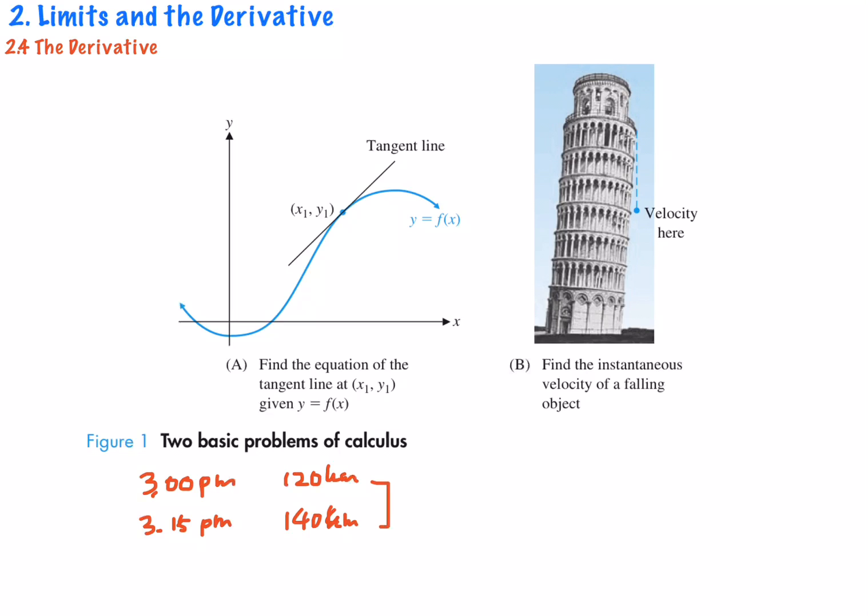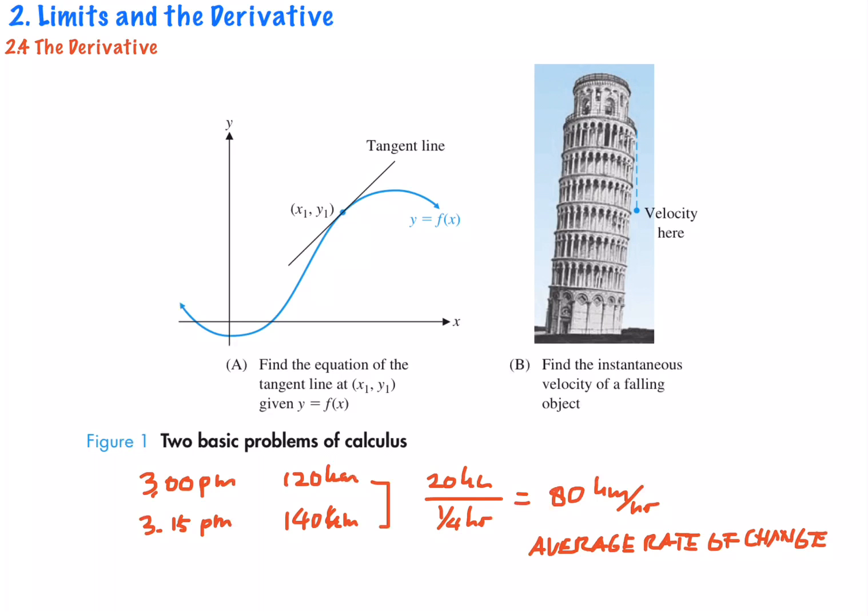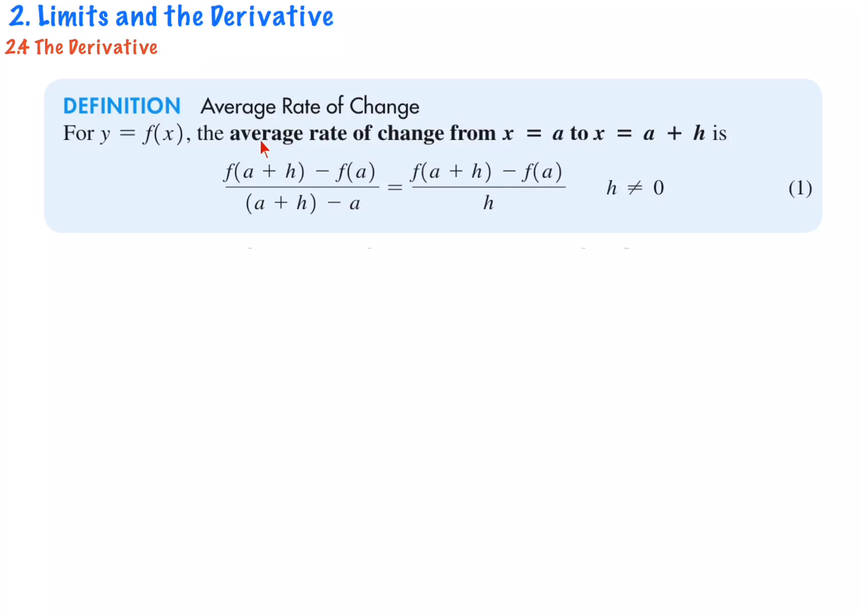From these two pieces of information you can tell that you have traveled 20 kilometers in 1/4 hour, or you can say that you have an average velocity of 80 kilometers per hour. This is also called the average rate of change.